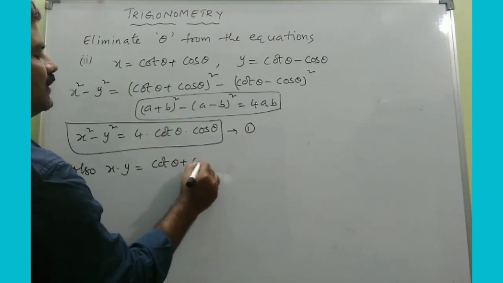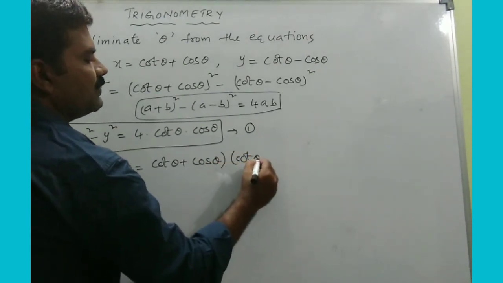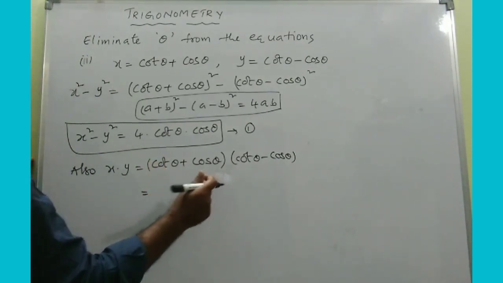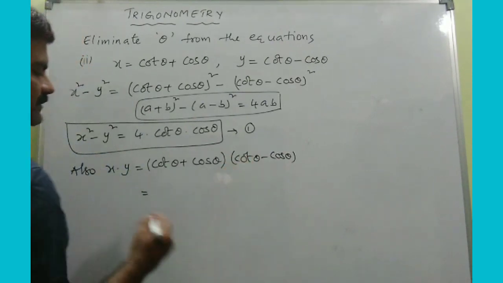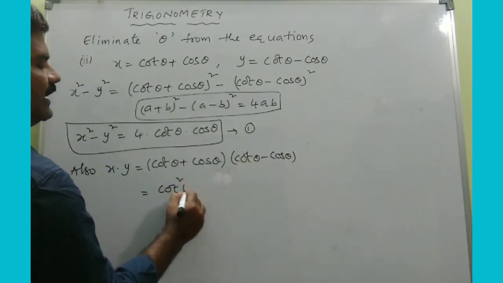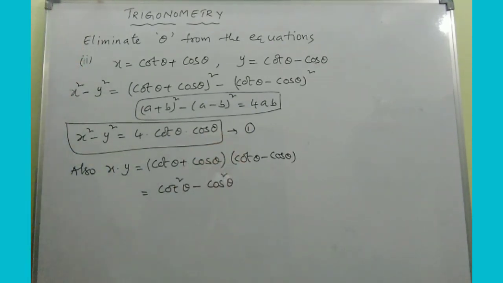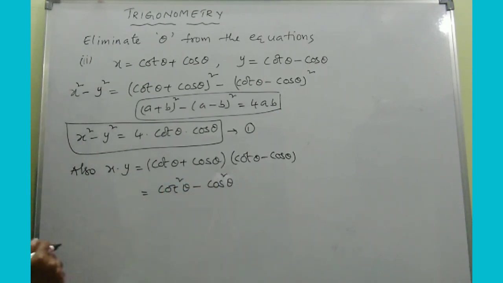So cot theta plus cos theta into cot theta minus cos theta. You know, this is in the form of a plus b into a minus b. So a square minus b square. But there is no identity in between cos and cot, isn't it?